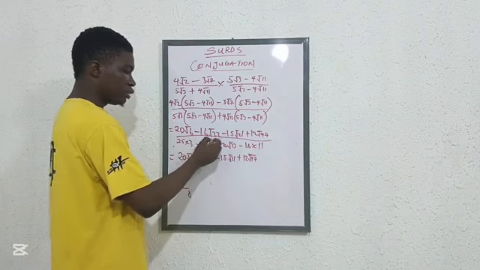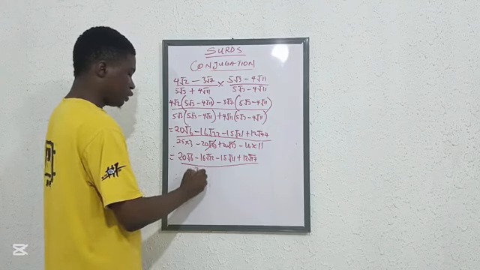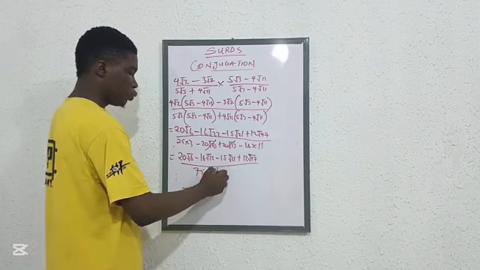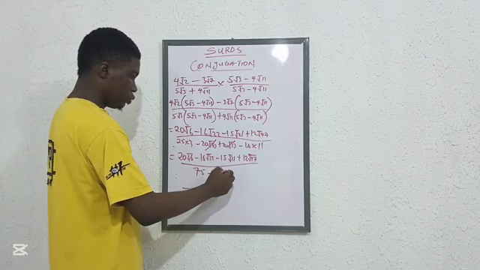Now if you look at this, it's the same thing, so they cancel. So we have 75 minus 16 times 11, that's 176.